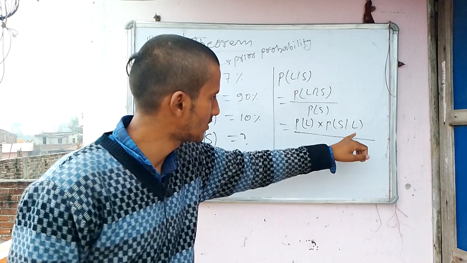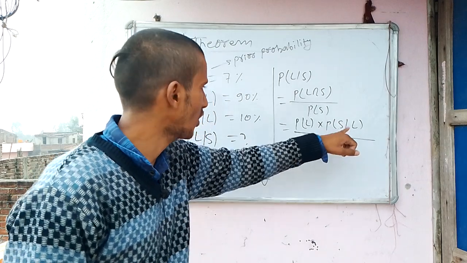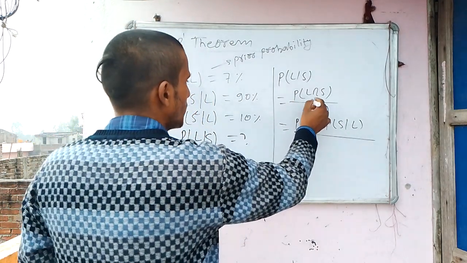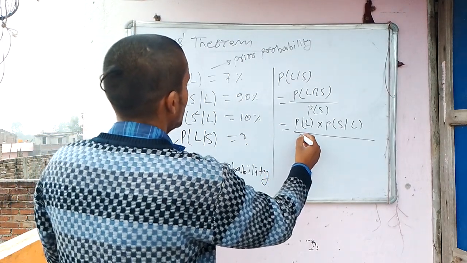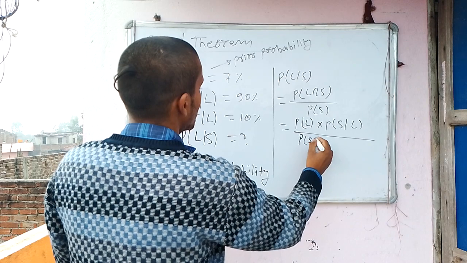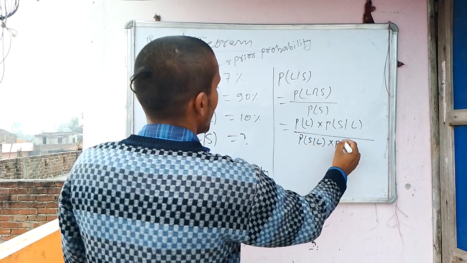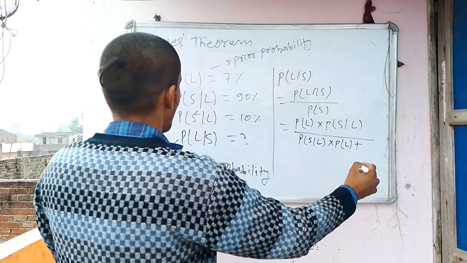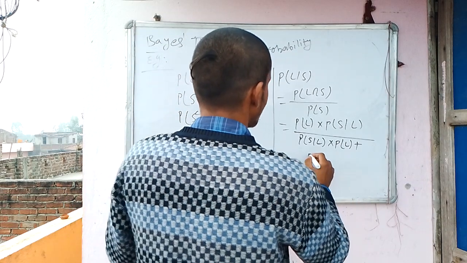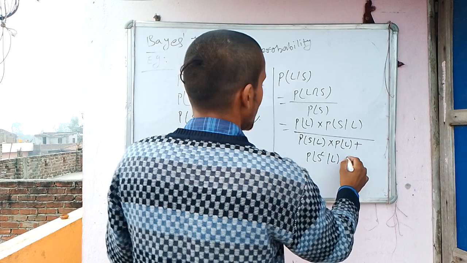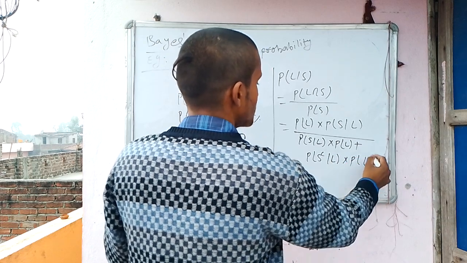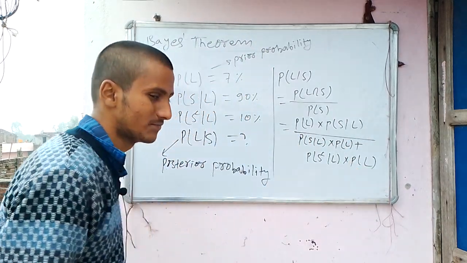Now let's expand the probability of S. The probability of S will be the probability of S given L times the probability of L, plus the probability of S given L complement times the probability of L complement. Did this make sense?